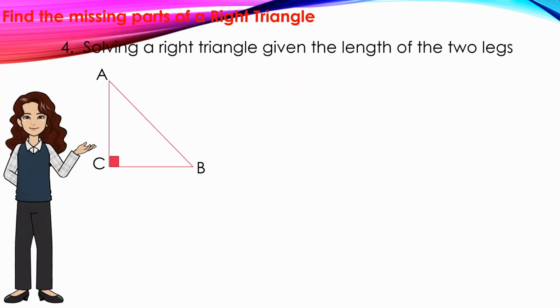Okay, our fourth: solving a right triangle given the length of the two legs. Okay, so we have the triangle ABC, right angle at C. So our side B is 14 units. Side A is 18 units. And side C is unknown.